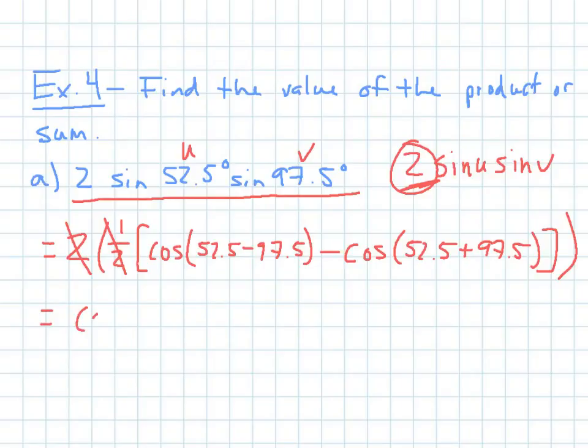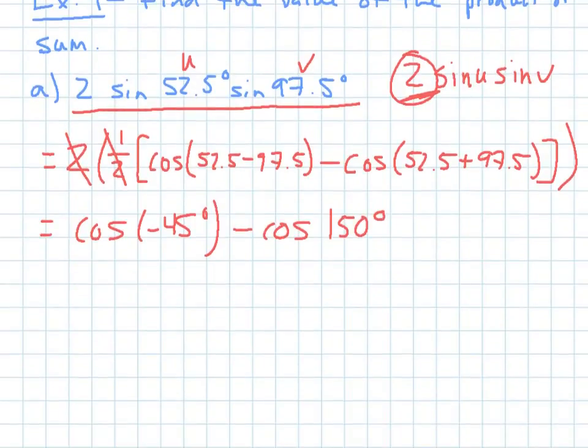Okay. Now you want to simplify the inside, so 52.5 minus 97.5 is actually negative 45 degrees. So it turns out to be a nice number. And then minus cosine of 52.5 plus 97.5 gets me 150. Okay, so now that kind of simplified down to something nice and neat. Remember, cosine of negative 45 is the same thing as cosine of 45.